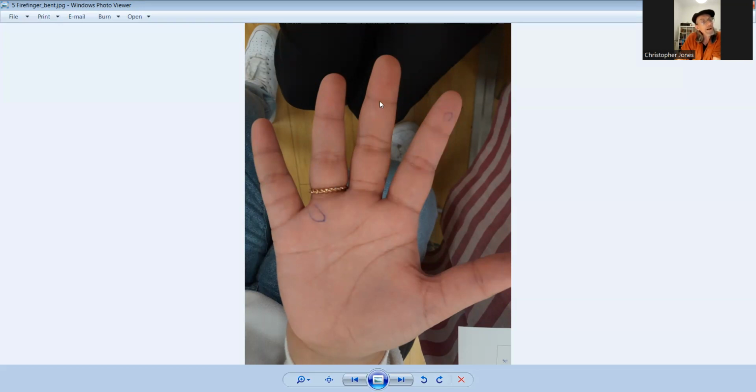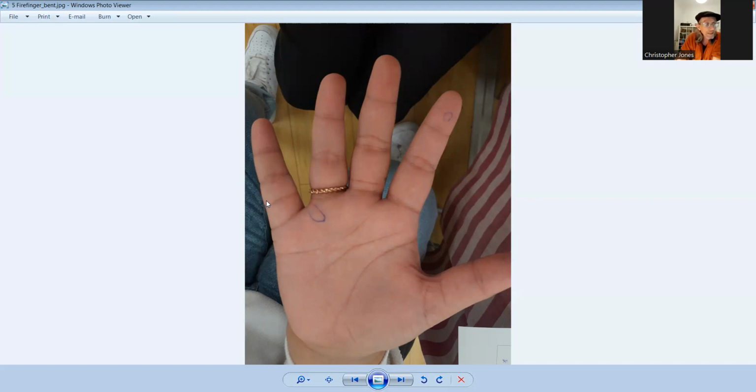You always get one line on the top, and 2 lines on the bottom knuckle. Sometimes these crease lines, interphalangeal creases as they're often called, can be missing, or as in this case, an extra one can be present.